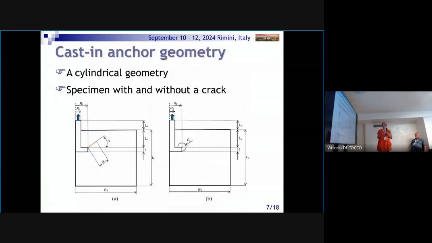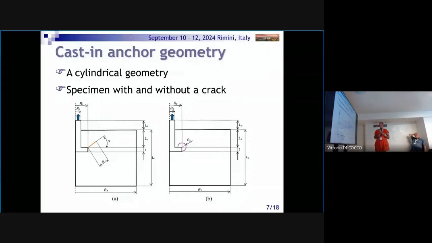Okay, so this is the geometry that we considered. We considered cylindrical geometry, so we could model in our finite element simulations only one slice of the specimen. So you can see two geometries, with the crack and without the crack. Here is the anchor, which is embedded in the concrete substrate.